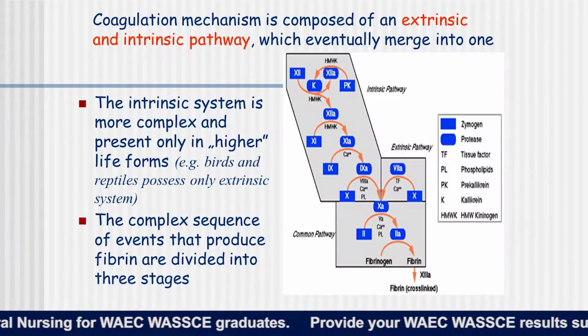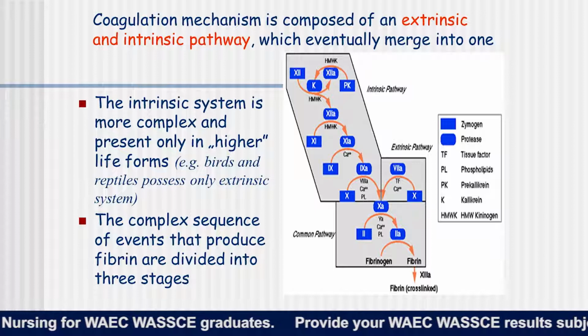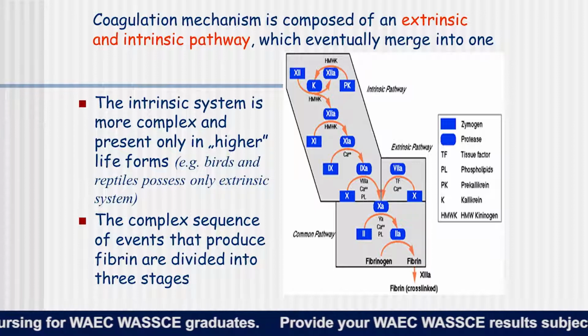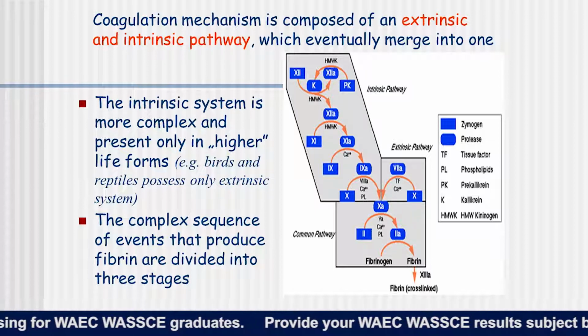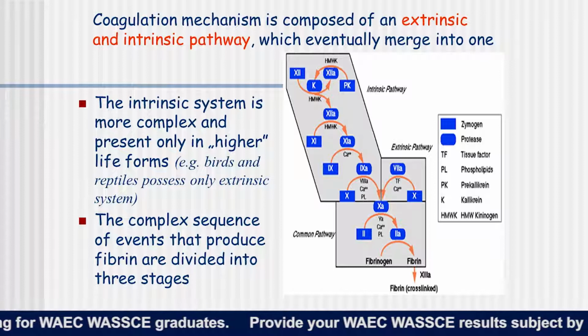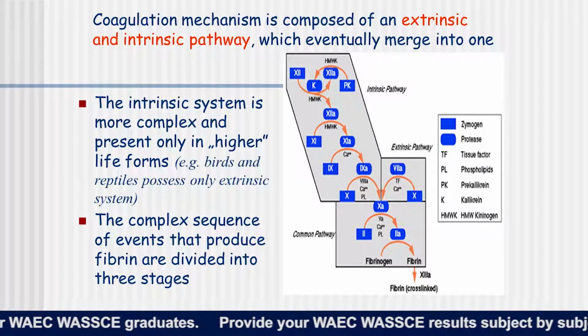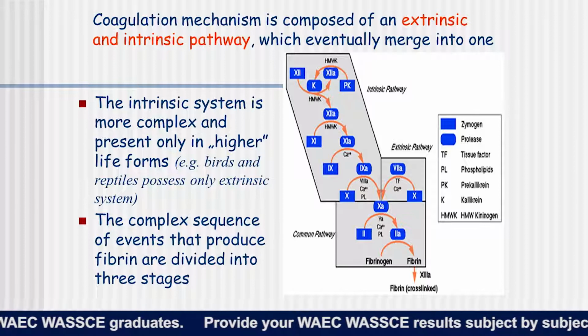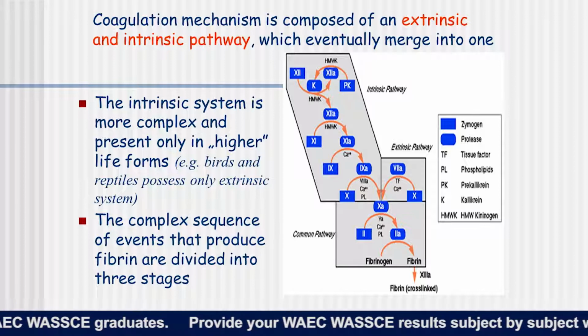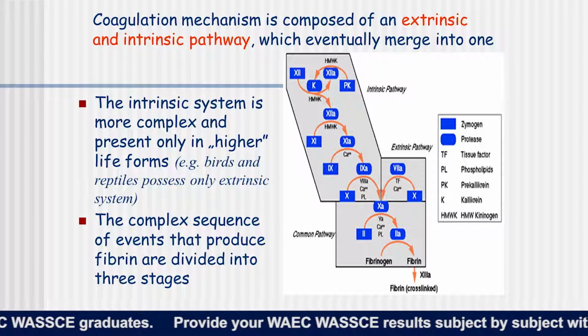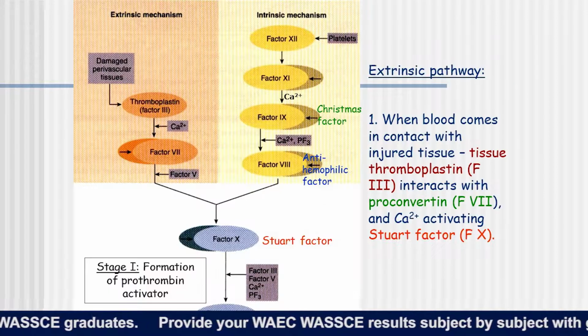Now, the coagulation mechanism is composed of two pathways. We have the extrinsic pathway and the intrinsic pathway, which eventually merge to form one pathway. The intrinsic pathway takes longer than the extrinsic pathway.